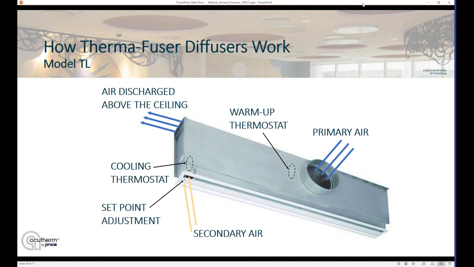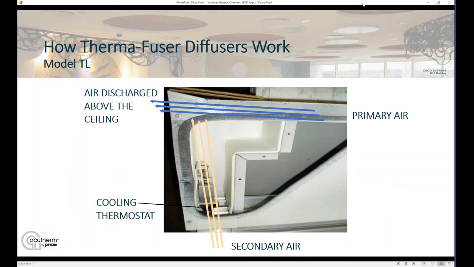And then built into one end of the unit is a chamber where there's a nozzle that blows some of the supply air just out the side of the unit there in the upper left of that photo, drawing the room air up into that chamber in the bottom of the photo and over the room side thermostats. So that's how the room air is drawn into this particular unit.